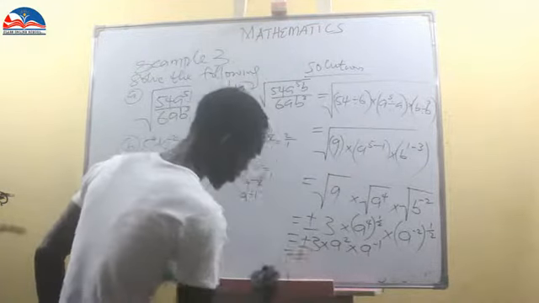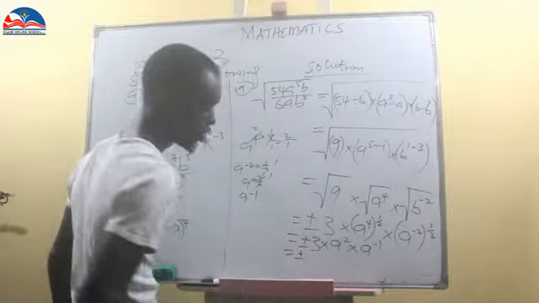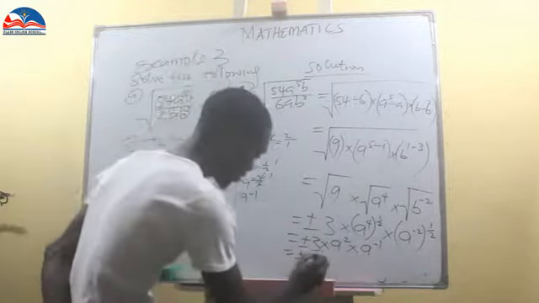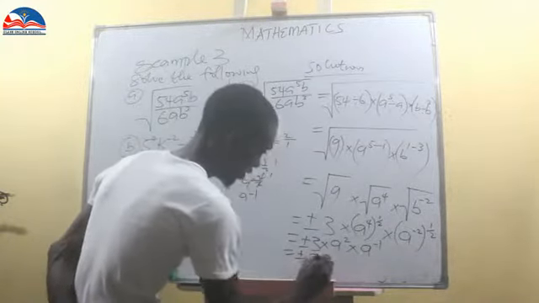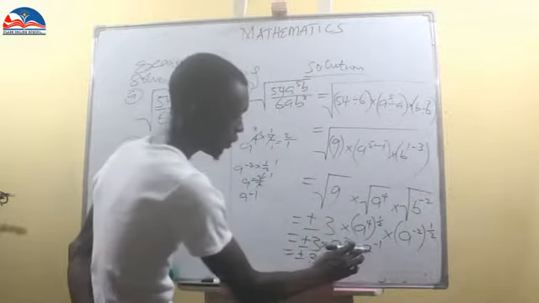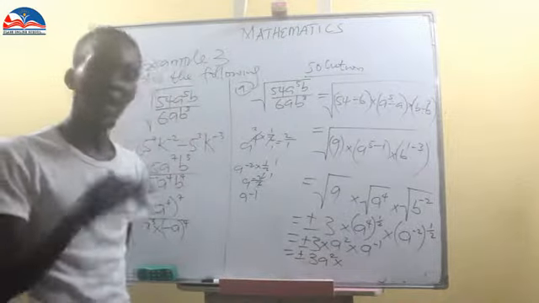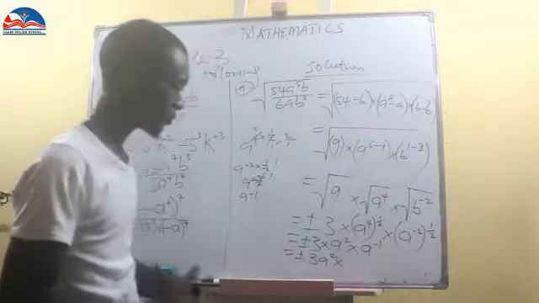Plus or minus 3 times a index 2 will give us 3a index 2, times a index minus 1.